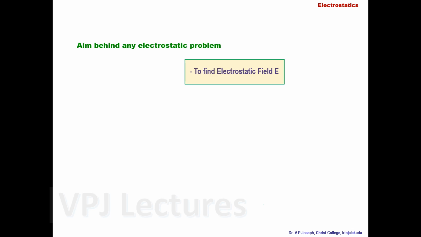The aim behind any electrostatic problem is to find the electrostatic effect due to a source, that is, the electrostatic field E. For any complicated problem, the ultimate aim will be to find the effect, that is, the electric field produced.